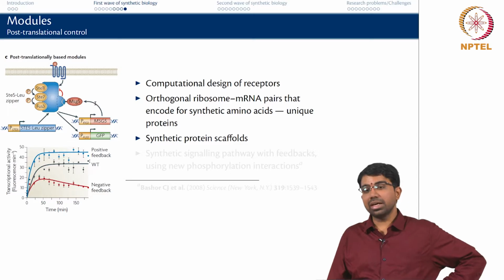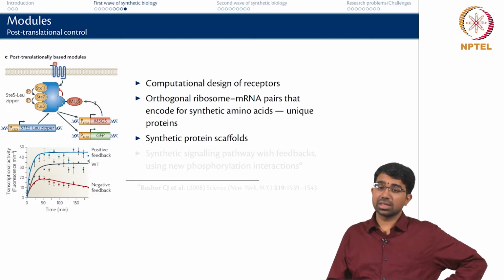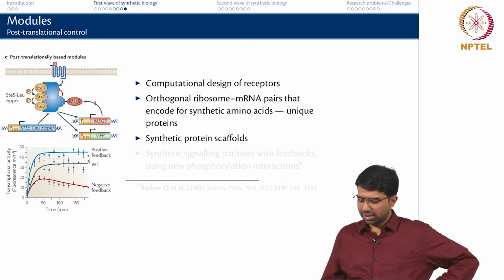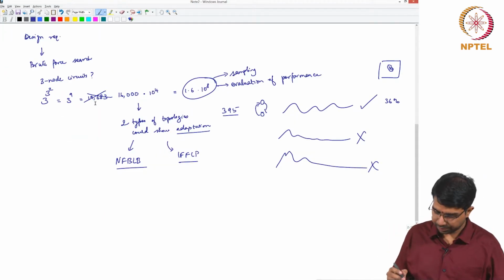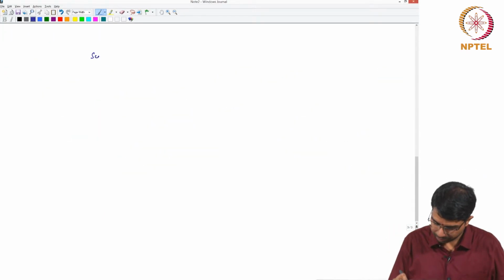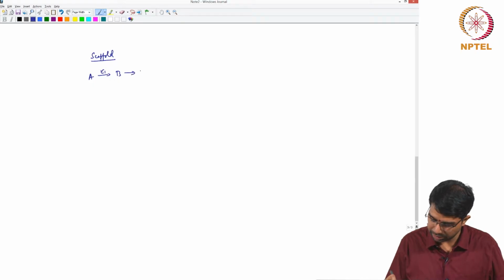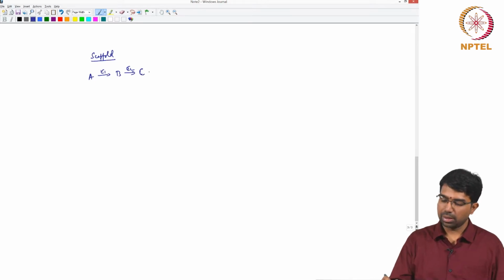And another very interesting concept is that of synthetic protein scaffolds, right. So, this is especially useful in say polymerization reactions and so on, or in any pathway wherein you have, let us say you have A, E1 makes it B, E2 makes it C, right.